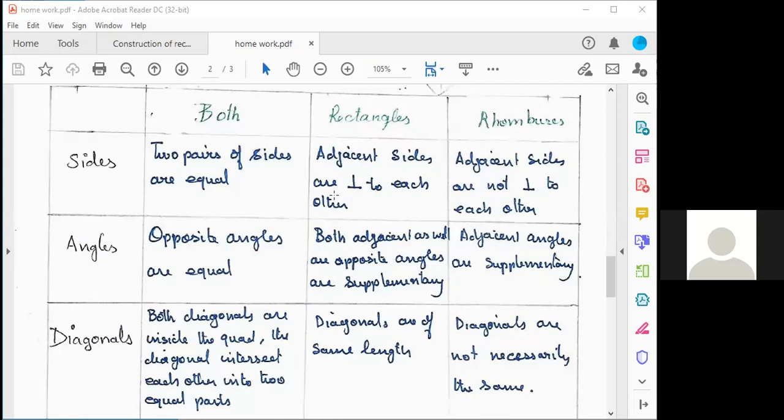Again, adjacent sides perpendicular is a comment about angles, so that should come down to the next one. When you're talking about sides, you should bring out the differences: all four are equal here, opposite pairs are equal there. Opposite angles are equal is great. Again, for rectangles, it will be all four angles are equal, and for rhombuses, opposite angles are equal.